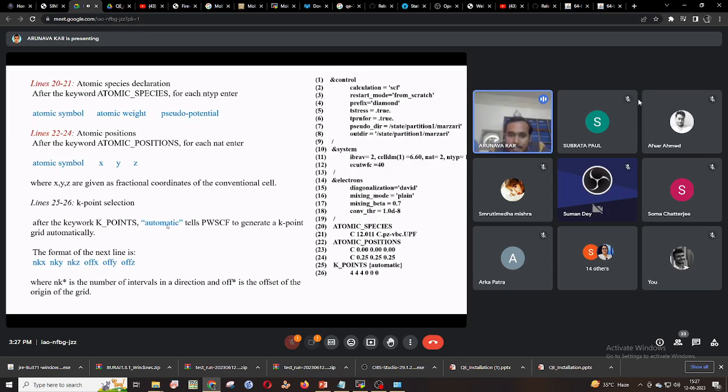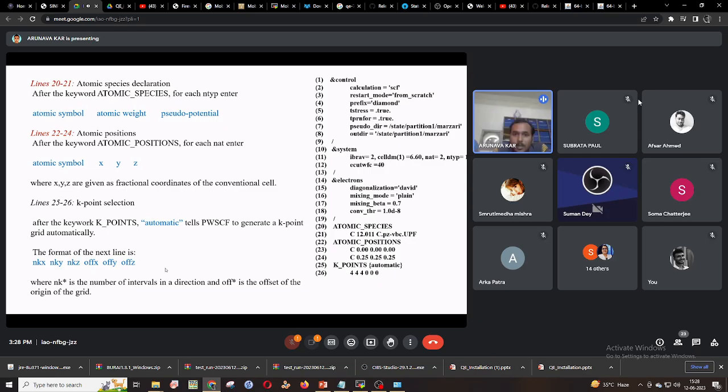So this is in the next session, so don't worry about this. Now we can put K point equal to automatic, and we need to provide three numbers here, like 4 cross 4 cross 4. The system will calculate for this amount of K points, and we are putting offset value as 0, 0, 0.